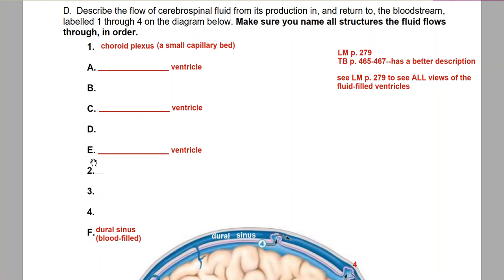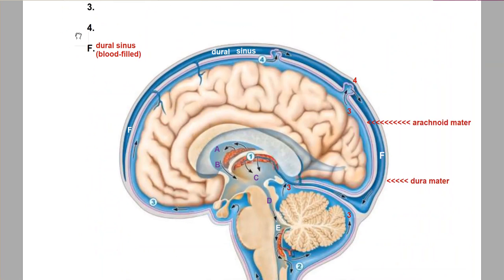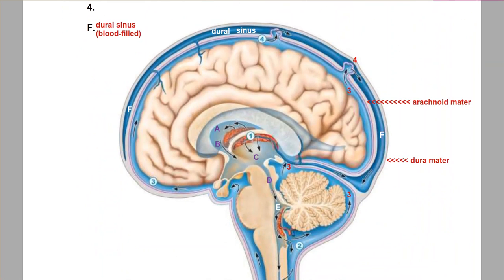And that's what it means to say name all the structures the fluid flows through. So if you can follow along in the picture, I've given you 1, so try to identify A, B, C, D, E. Numbers 2, 3, and 4 we've talked about, and then F, the dural sinus, is the last place. So try to figure that out.